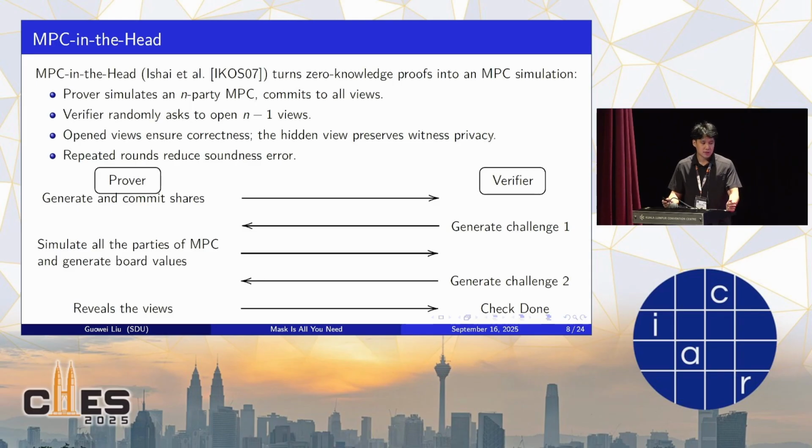The prover generates and commits shares and sends this data to the verifier. The verifier uses this data to generate random challenge 1 and sends it back to the prover. Then the prover simulates all the parties of the MPC, generates the broadcast values, and sends them to the verifier. The verifier also generates random challenge 2, the prover uses this challenge to reveal the views, and the last step is for the verifier to check the values.